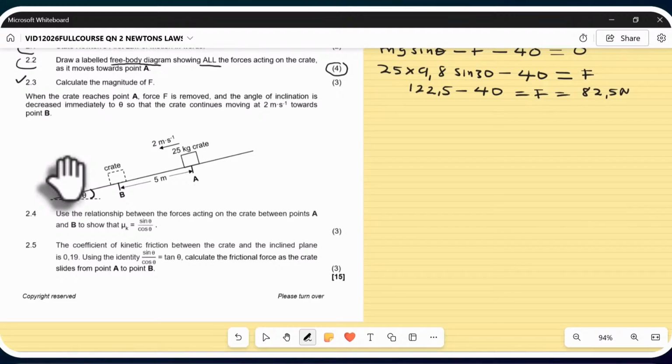Again, it is not accelerating, so acceleration is 0 because it's still moving at the same speed.